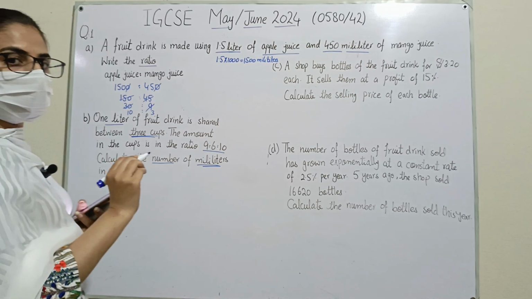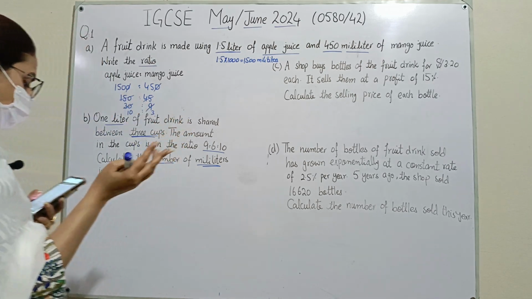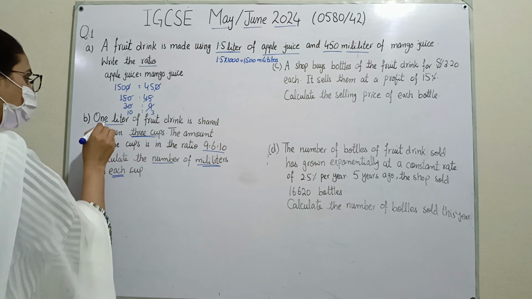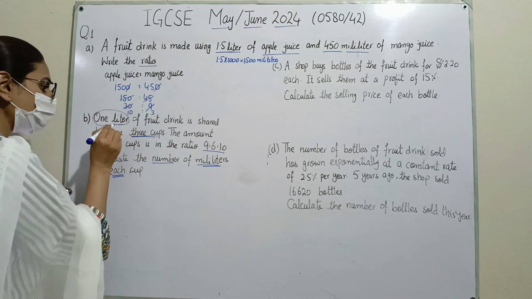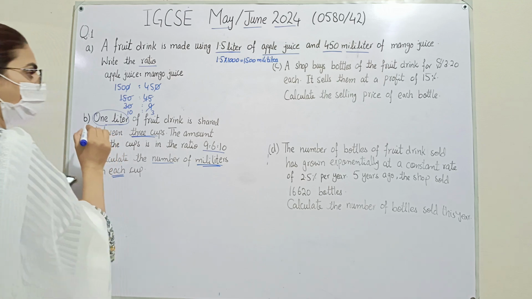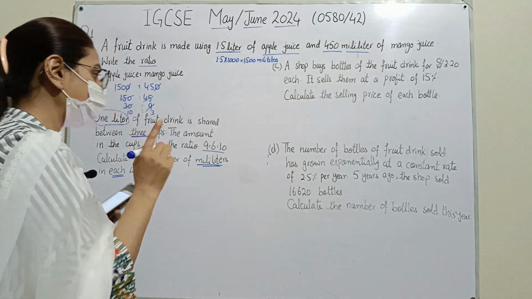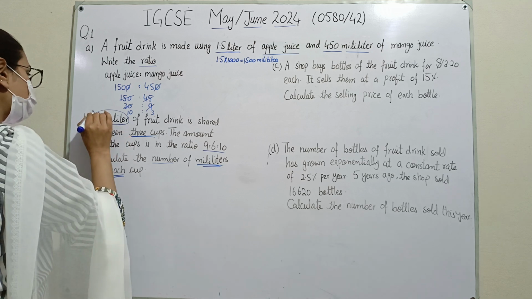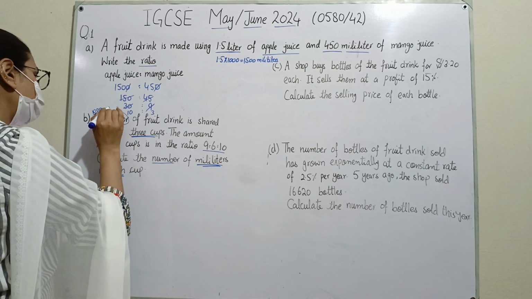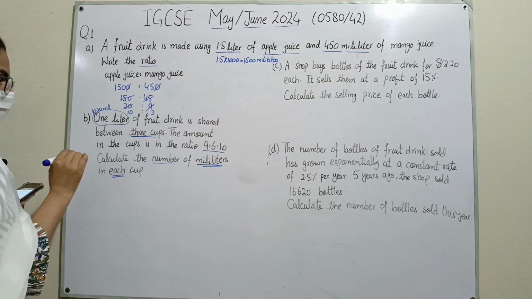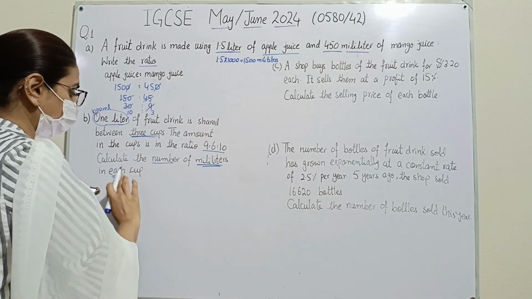You have to work for all 3 cups. The question is quite simple. As I told you earlier, there are 1000 milliliters in 1 liter. So you have to find the number of milliliters for each cup.